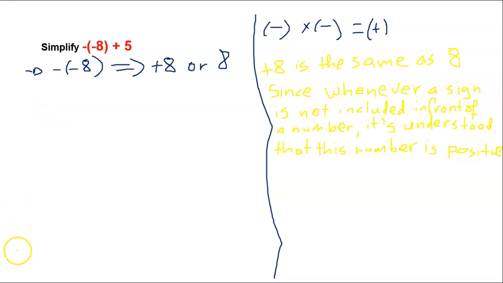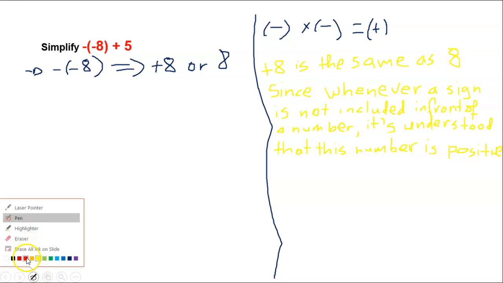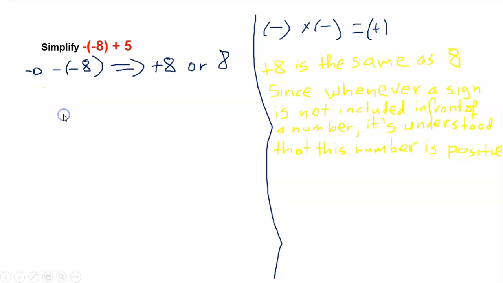So since the negative of negative 8 equals positive 8, then negative 8 plus 5 is the same as positive 8 plus 5.